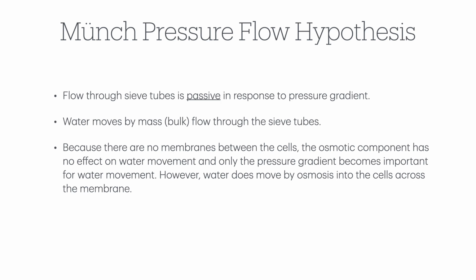The key here is because there are no membranes between the cells, between the sieve elements that form the sieve tubes, the osmotic component in the phloem has no effect on water movement, and only the pressure gradient becomes important for water movement.